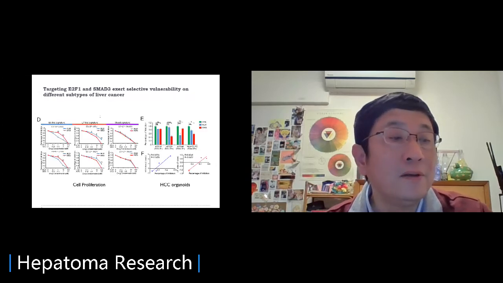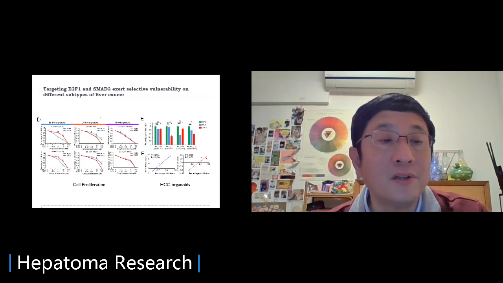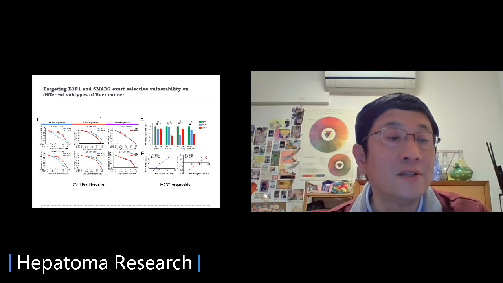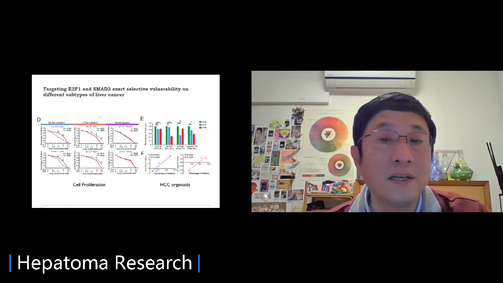Okay, in panel D, HCC cells with embryonic-like signature, liver progenitor-like signature, or mixed signature, that's the double positive, as I mentioned before, were treated with E2F1 and SMAD3 inhibitor at indicated concentrations.